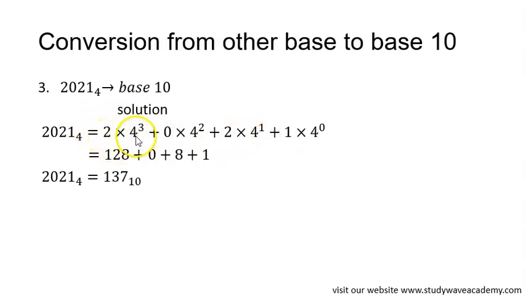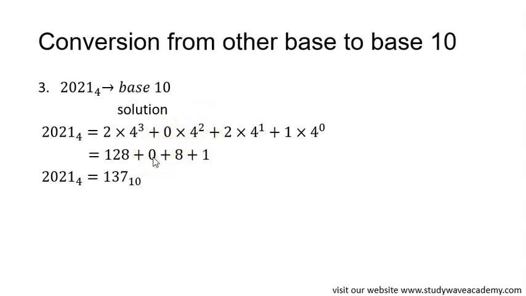Okay, so 2 times 4 raised to power 3 is going to give us 128. Okay, do you understand? You multiply this 4 3 times. This is how you got this answer. I'm sure we're going to be able to do that. We have been explaining that, right? Then 0 times 4 raised to power 2 is 0.